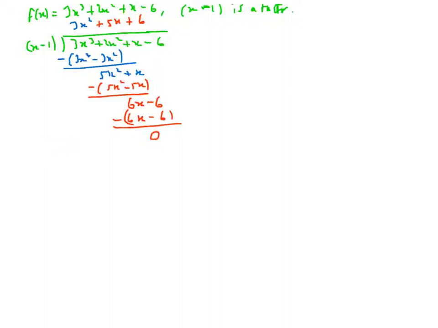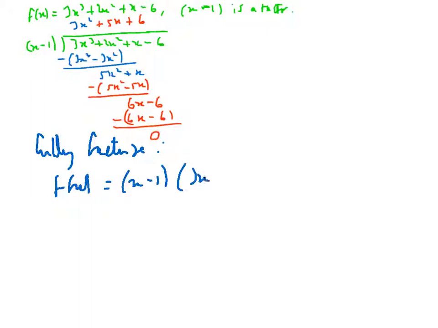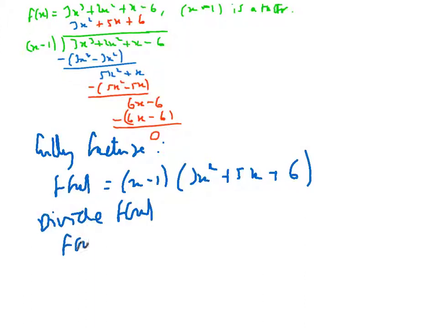So if the question wanted you to fully factorise, I would write my final answer as f of x equals x minus 1 times 3x squared plus 5x plus 6. But if the question asked you to divide f of x by x minus 1, I would have my final answer f of x divided by x minus 1 equals the thing in the brackets.